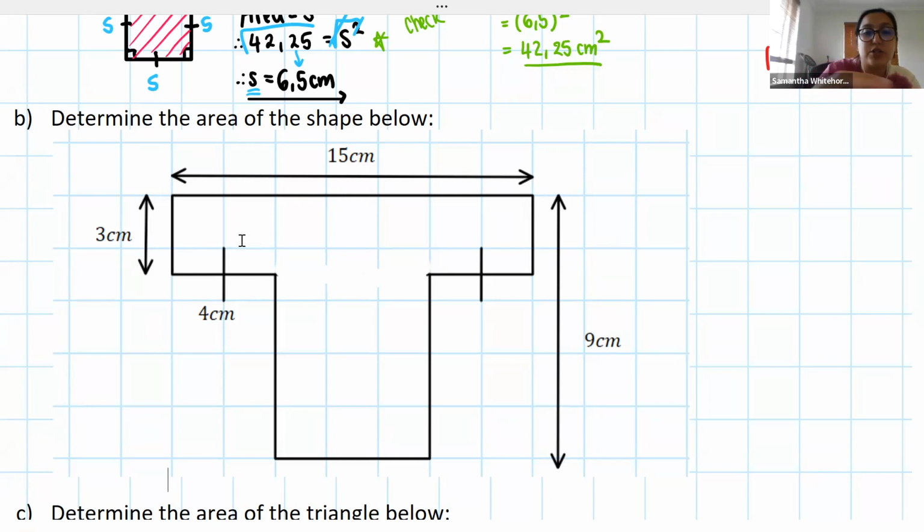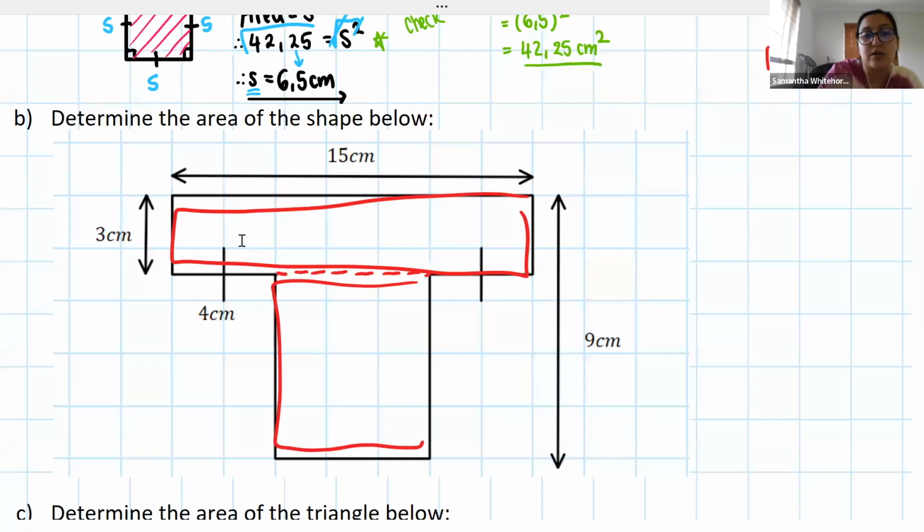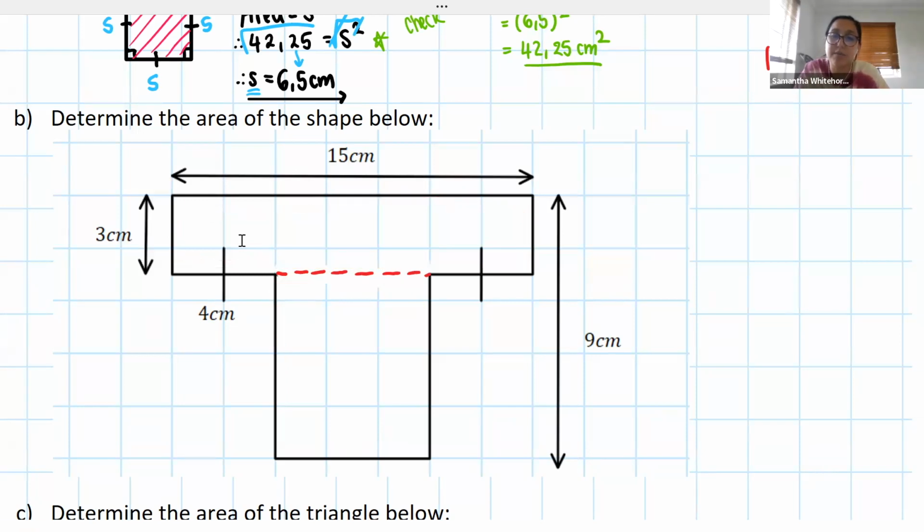So what I would do to break up the shape is I would just consider this long rectangle at the top and the slightly shorter rectangle at the bottom. That's 2 rectangles. I know the formula for the rectangle. I can work out the 2 areas and I can just go and add them together. Okay, so when we get a complex shape like this, break it up into parts and then you can go and work out your areas separately and add them together.